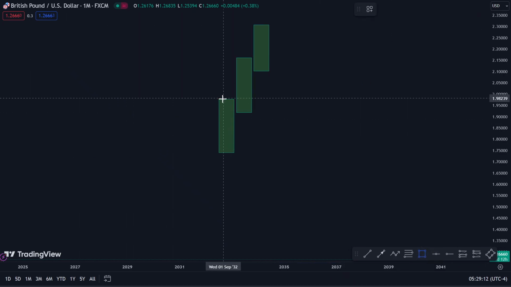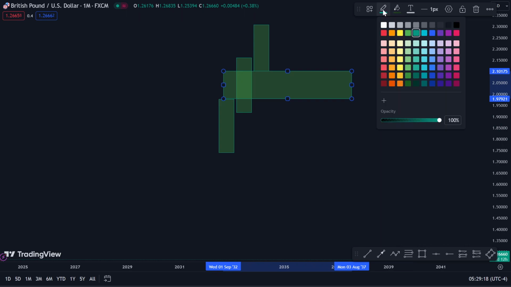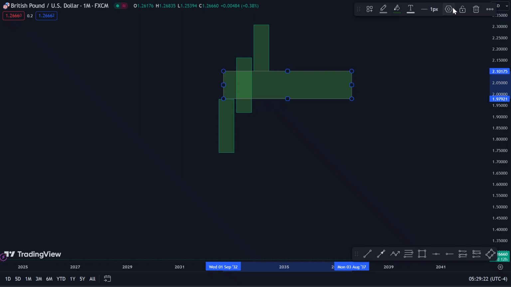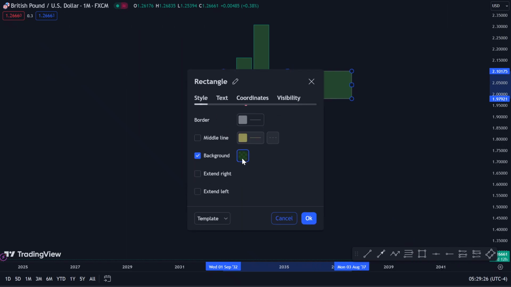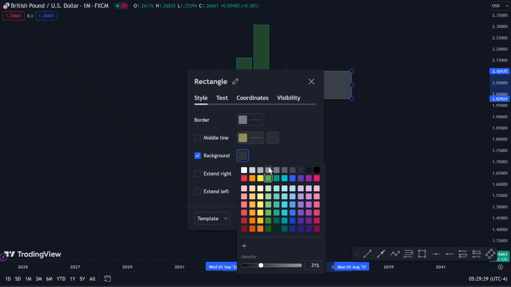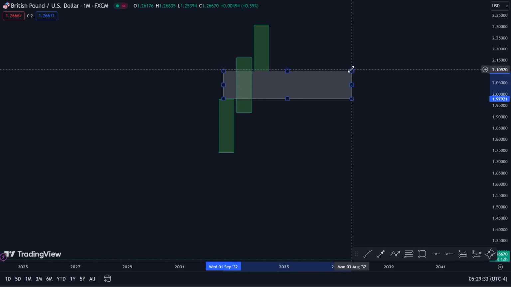Now from this closing price to this opening price, I'll have to change the color. Let's do this. Yes, so now this is our fair value gap.